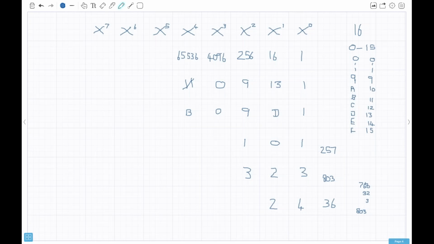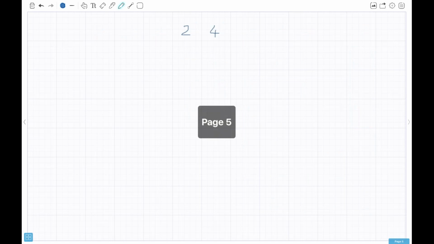So we could convert this to binary. What's 2 in binary? 0, 0, 1, 0. What's 4 in binary? 0, 1, 0, 0. So if we now add this up, 1, 2, 4, 8. So just writing the binary numbers in here, the binary numbers that we saw earlier.